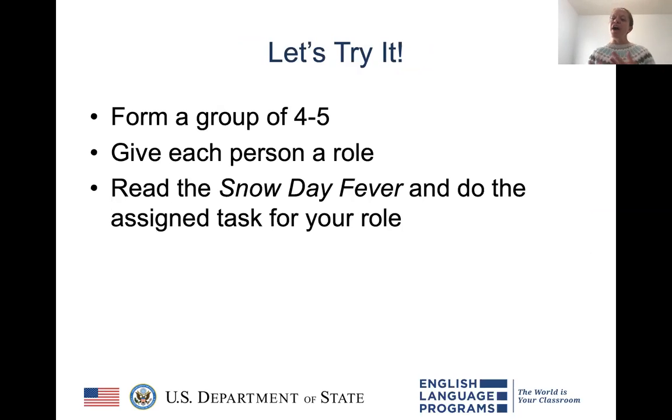So we've gone through each of the different roles that we might assign to students. So now let's try this. I'm going to have you form a group of 4 to 5 teachers and assign each person a role. I'll review the roles in just a second. You're going to read a passage called Snow Day Fever and do the assigned task for your role.